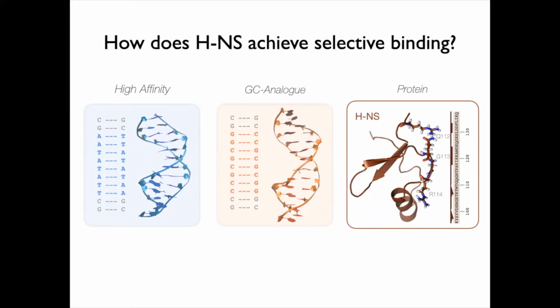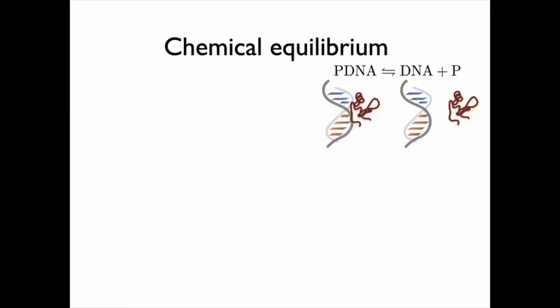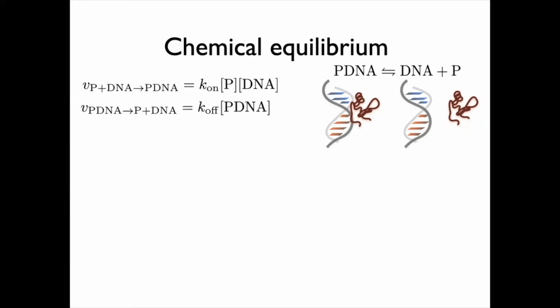Now I have a whole thing about chemical equilibrium. Just go over this fast. We can describe this: we have a protein-DNA complex and the free DNA and the free protein. The speed of formation of the protein-DNA complex depends on the concentration of free protein and the concentration of free DNA and some rate constant that we call k_on.